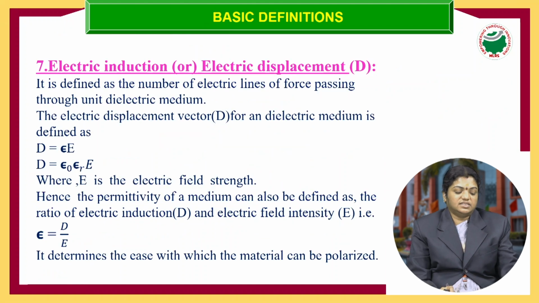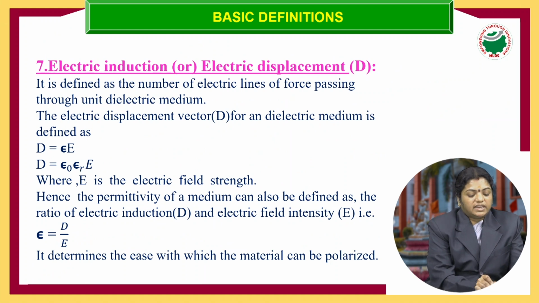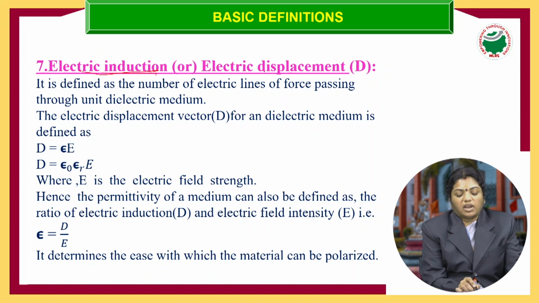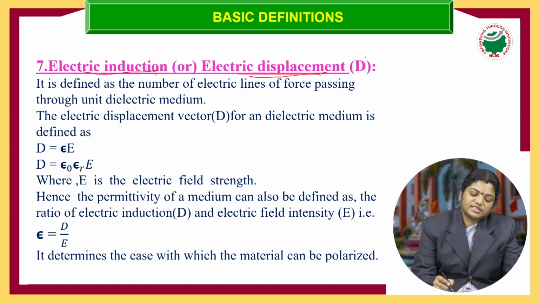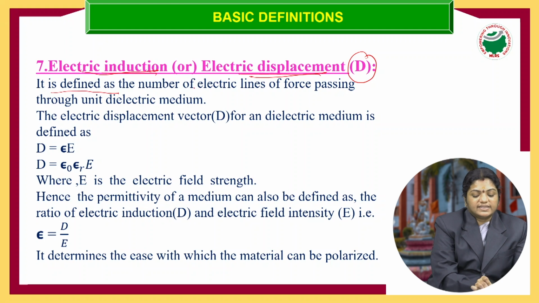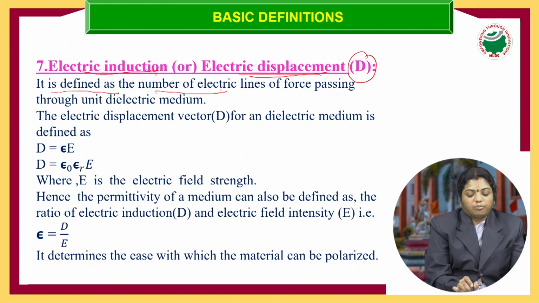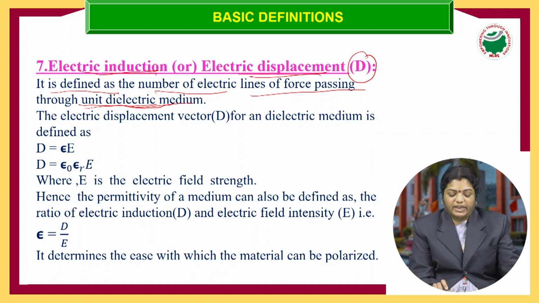And next definition. This is also a very important definition. What is that one? Electric induction, or another name is electric displacement. This is indicated with the letter D. It is defined as the number of electric lines of force passing through per unit area of the dielectric medium.